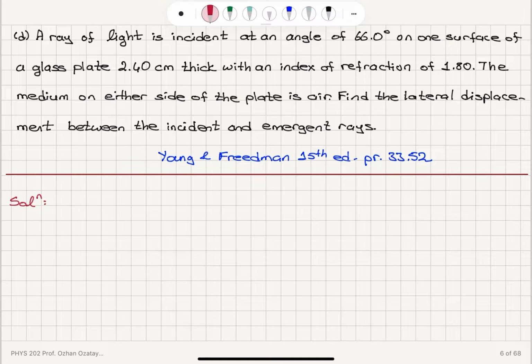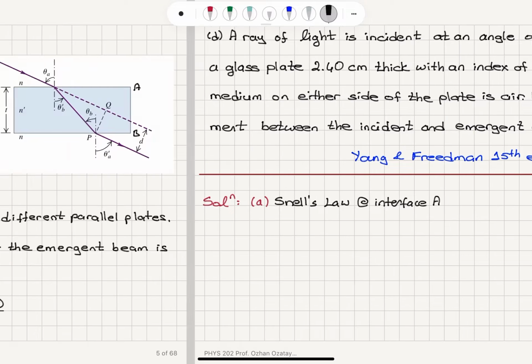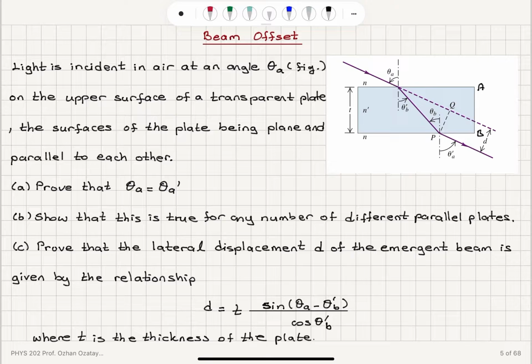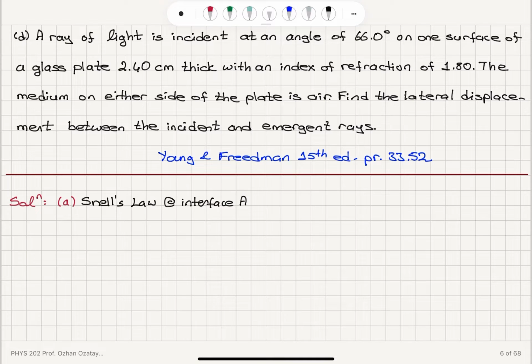So let's start with proving that theta A is equal to theta A prime. I'm going to write Snell's law of refraction at interface A, the top surface. We're coming from a medium with index of refraction n at an angle theta A with respect to the normal.